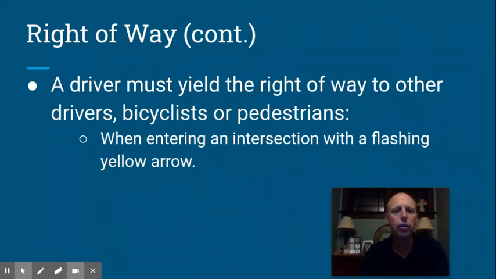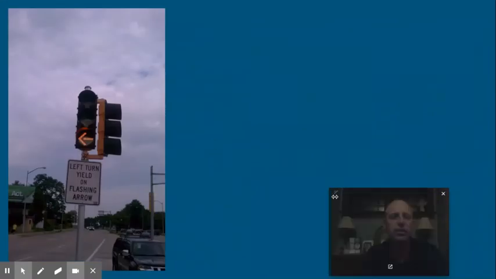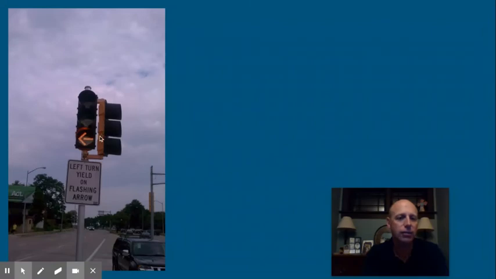Let's take a look at an example of what we're talking about here. This is a still image, so it's not actually flashing, but this is what we're talking about: left turn yield on flashing arrow. You come up to an intersection and there's a green light for the straight traffic, the traffic that's going to be going straight on through.